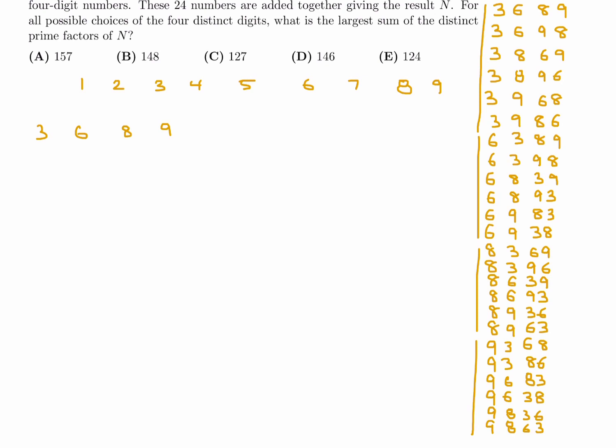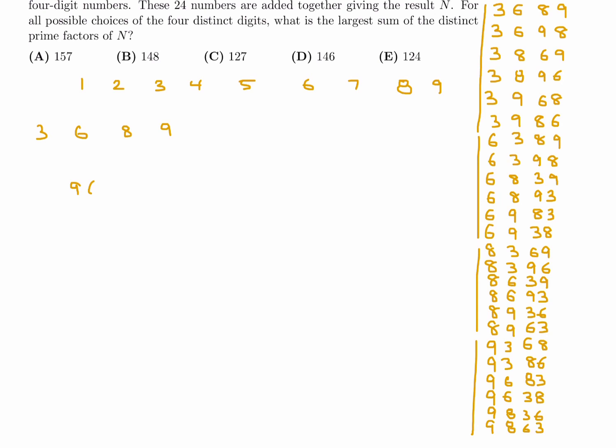Because these 24 numbers are added together to give the result n. Now when you add them all, that is when I think the understanding of the question comes. And of course, all of you definitely know how to add. I don't need to give you that lesson. So anyway, add them, something interesting happens. If you look at this first column, which would be the ones digit, you have 6 of those 9s.